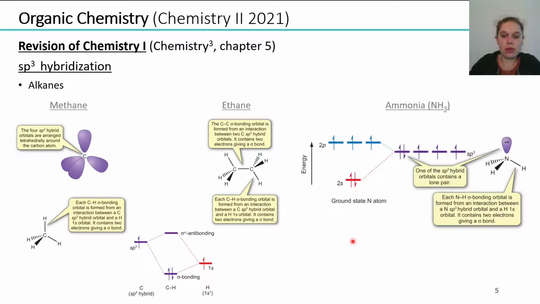And as you can see here, we have this ammonia molecule, and the geometry is tetrahedral, as we count this lone pair also as a kind of sp3 hybridized orbital.